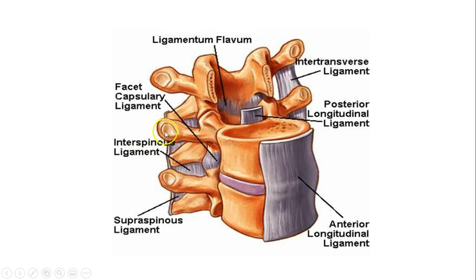And then back here on the spinous processes, you have the supraspinous ligament. And in between the spinous processes, you have the interspinous ligament. Okay. Now that supraspinous goes all the way up, all the way up, all the way up. Then you end up hooking to that external occipital protuberance on the back of your occipital bone, right?